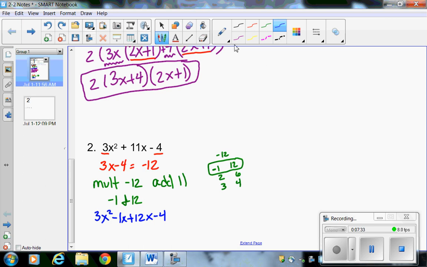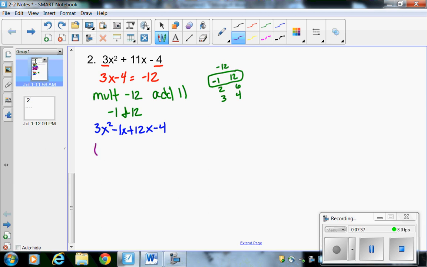Then it says to factor by grouping. So I'm going to group the first two in a set of parentheses, and the second two in a set of parentheses.